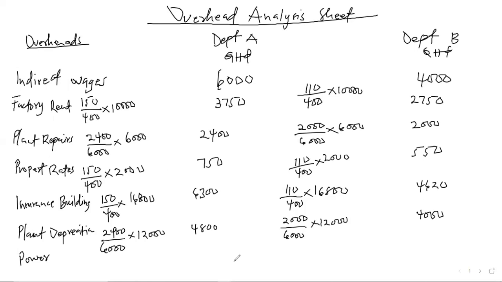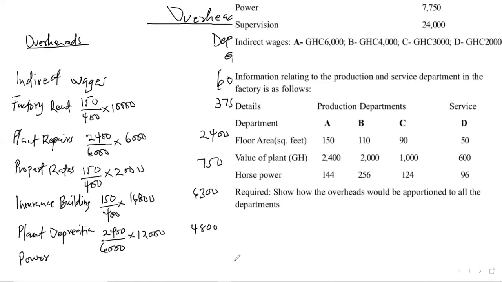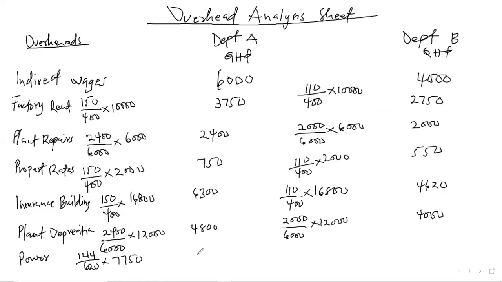So the basis for apportionment, the horsepower for E is 144 divided by the total horsepower, which is 620, times the cost of the power, which is 7750.